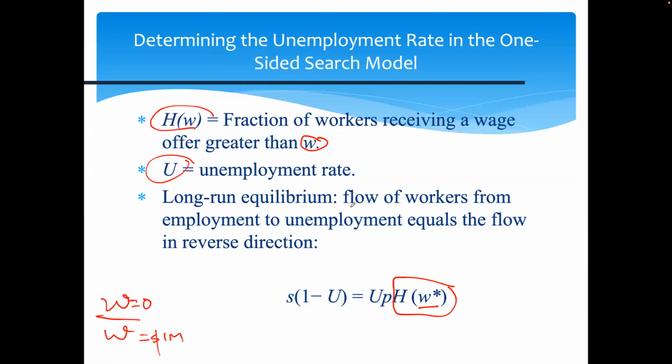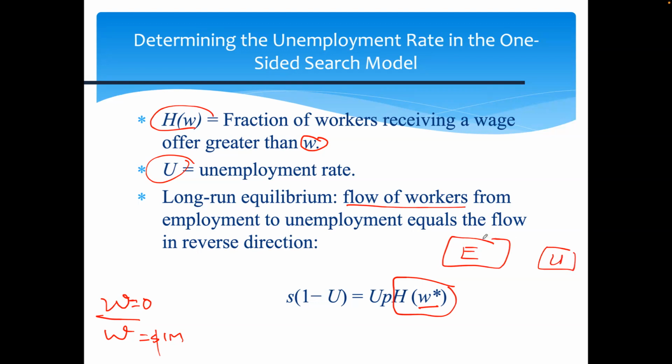The key thing is that the flow of workers from employed to unemployed is going to equal the flow in the reverse direction. What does that mean? In the model you have two states, one is employed, one is unemployed.